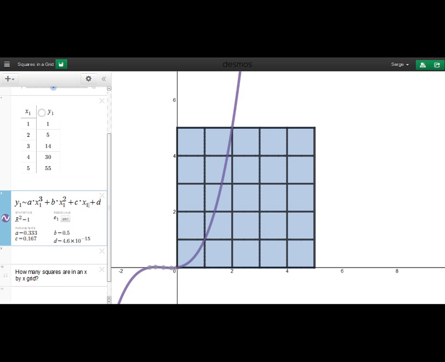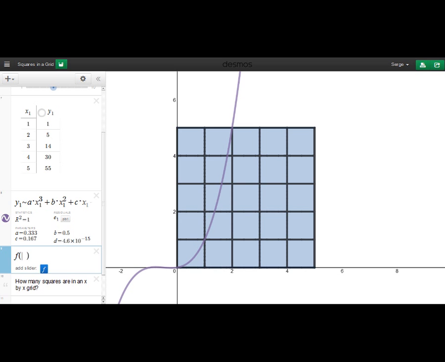So if I were to try to give a formula for this function, I would write f of x equals, so the a was 0.333. That looks to me like an approximation of 1/3. 1/3 x cubed plus 1/2 x squared, because the b was 0.5, plus 1/6 x, since c was 0.167, which I'm guessing is an approximation for 1/6.